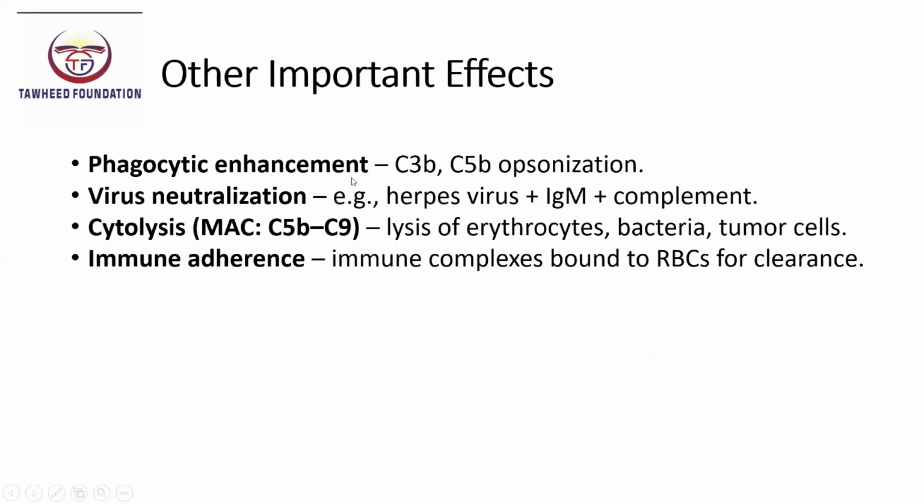Other important effects: in addition to the primary functions, complement activation produces several specialized immune effects. Phagocytic enhancement occurs when complement fragments like C3b and C5b coat microbes, making them easier for phagocytes to recognize and ingest.